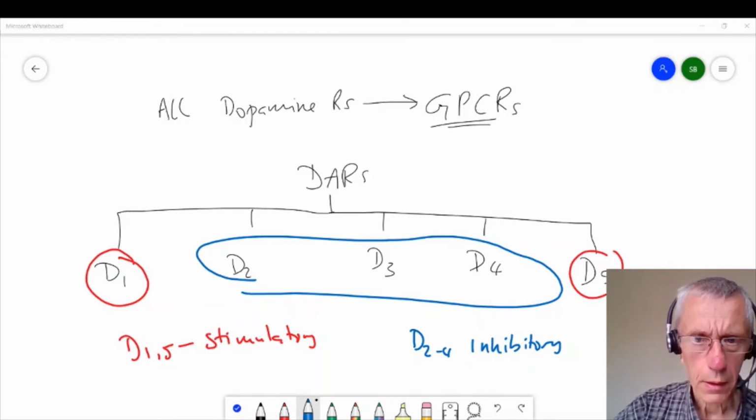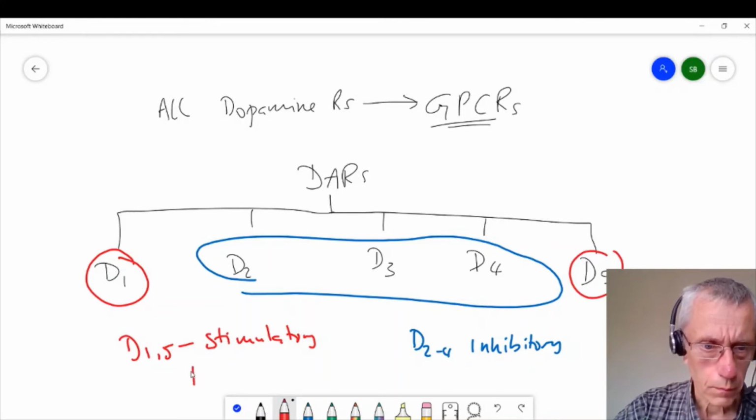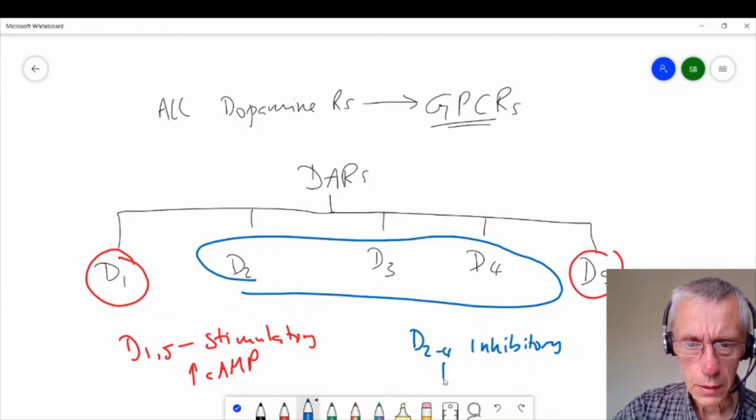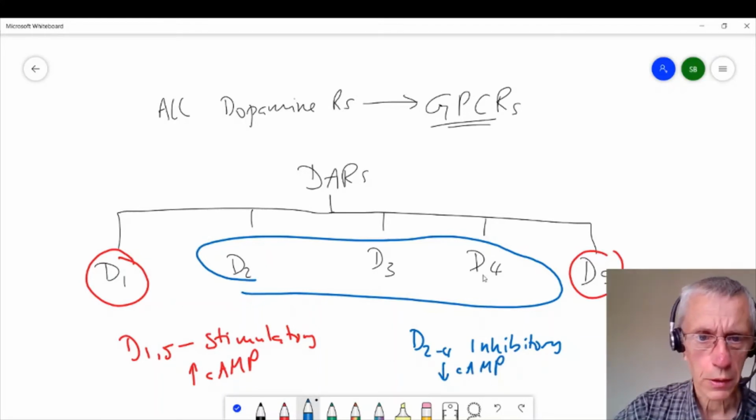In that D1, the D1-like family, which is D1 and D5, are all coupled to increase cyclic AMP, whereas these ones decrease cyclic AMP. So D1 and D5 are excitatory, and D2, 3 and 4 are inhibitory.